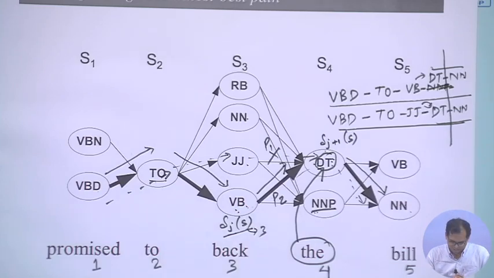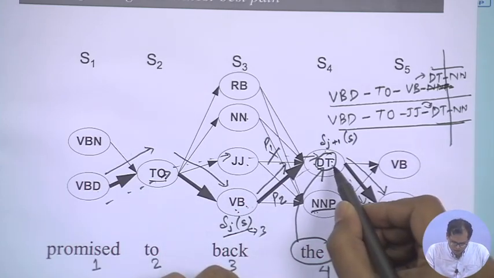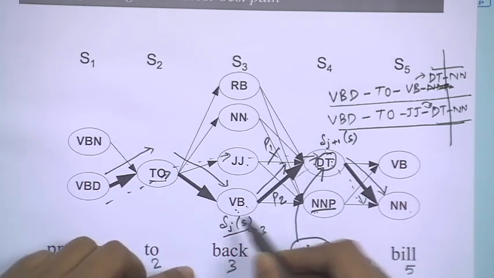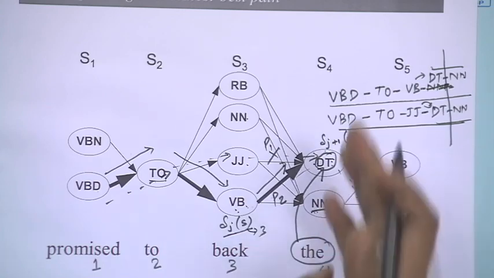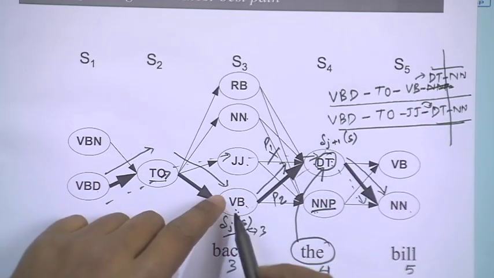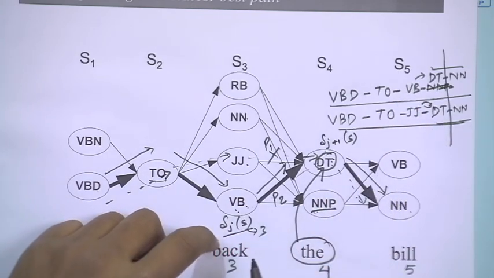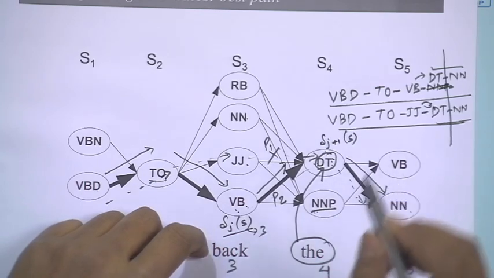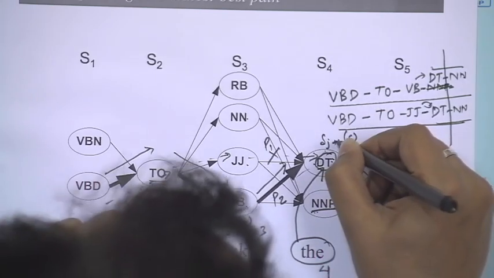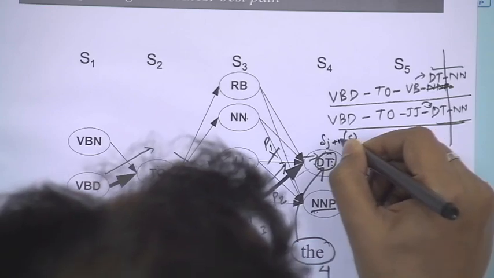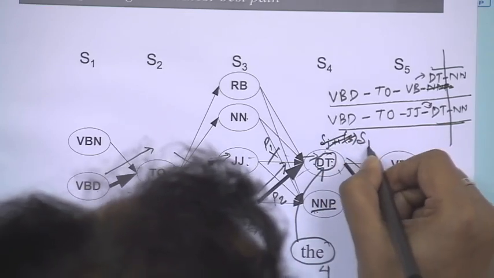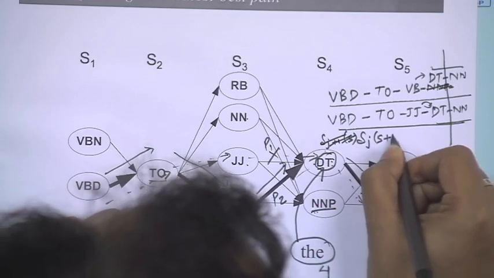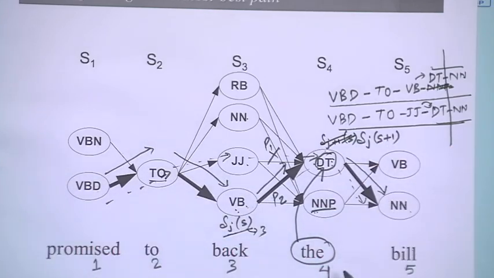How will I compute that? Delta_j_s would have taken care of the word before already. So what are the things that I added? I am sorry, here this should be step s. So this is delta_j_(s+1), a step s plus 1.